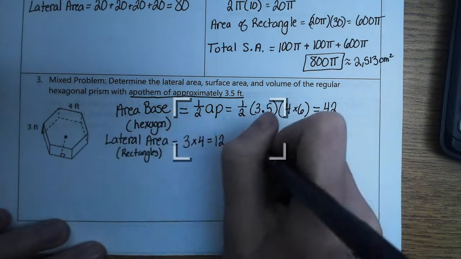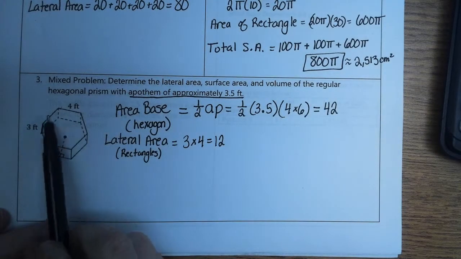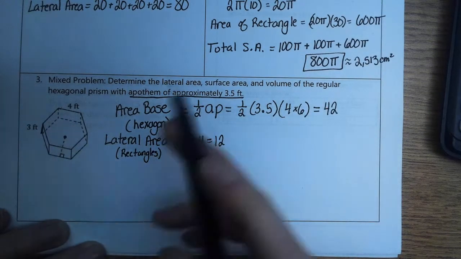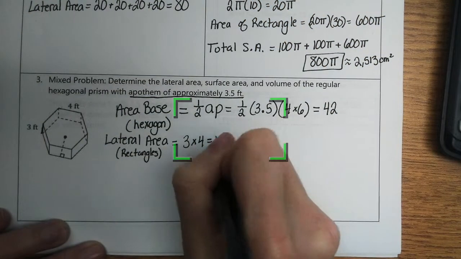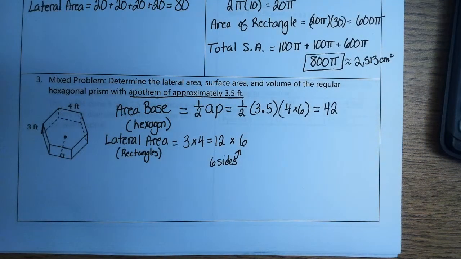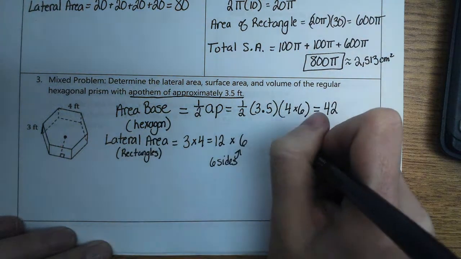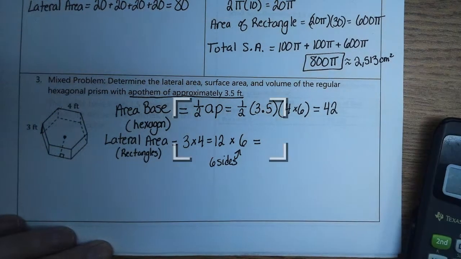But we have to take 12 and multiply that by how many rectangles there are. There's 1, 2, 3, 4, 5, 6. So we're multiplying by 6 because there's 6 sides to get 6 times 12, 72.